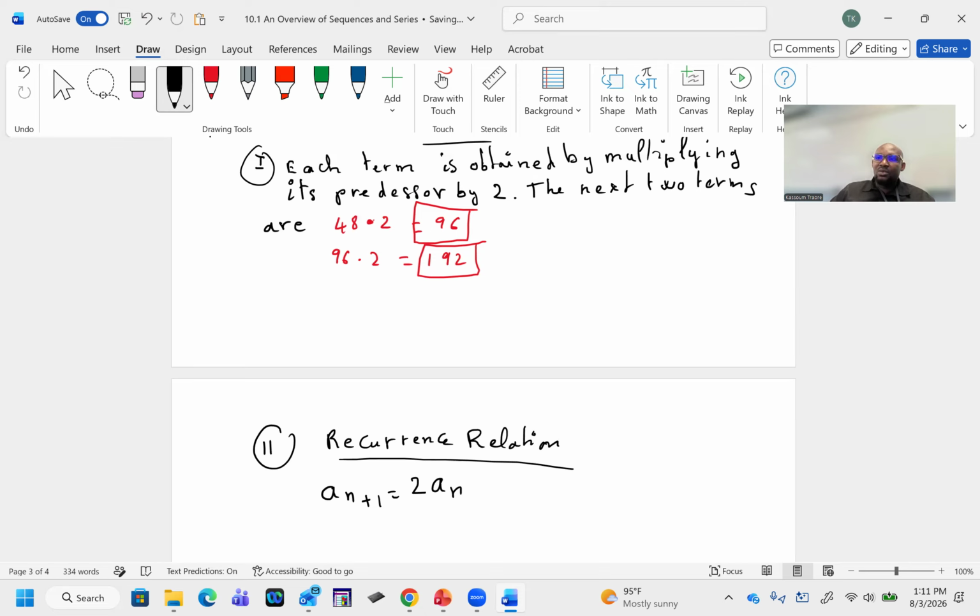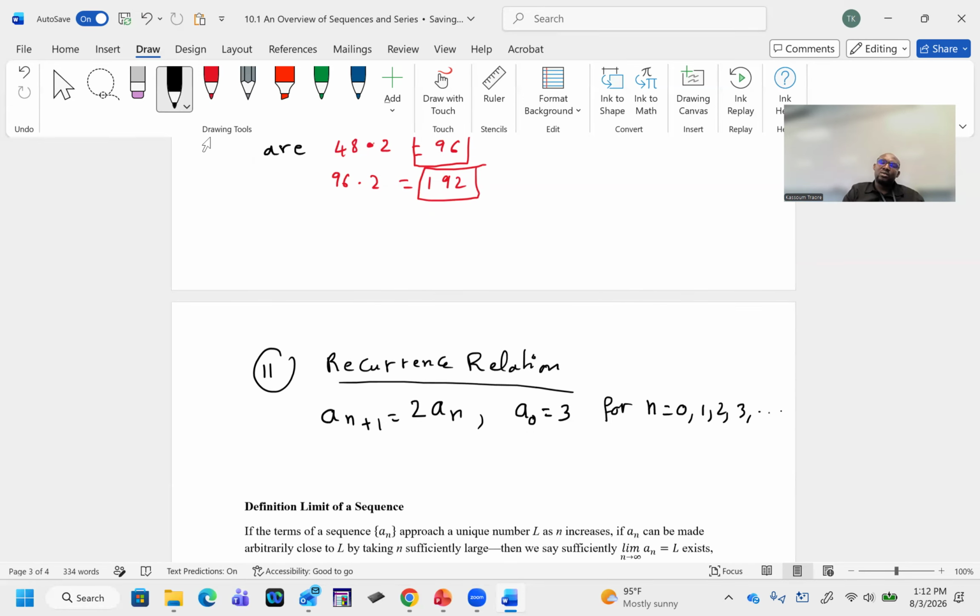The first term is 3. You can start with 0, A sub 0 is 3. But in this case, I will set my n to be 0, 1, 2, 3, and so on. So anyway, the first term is given, which is 3. Don't forget, in a recurrence relation, the first term is always known.